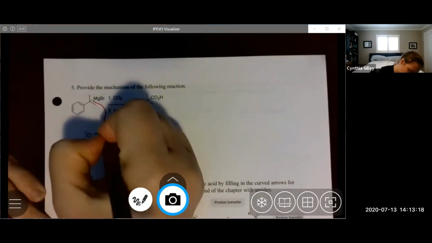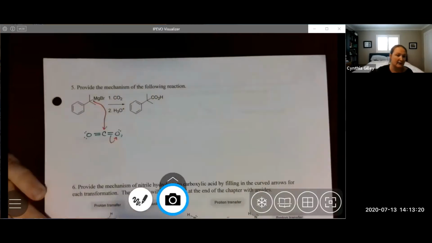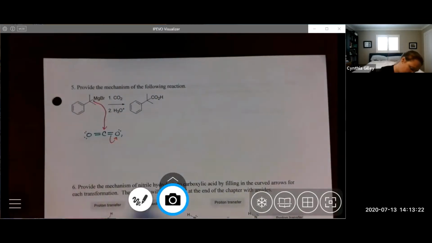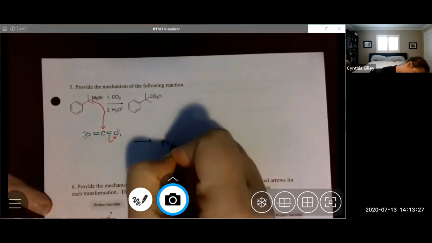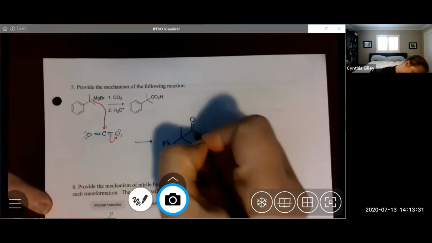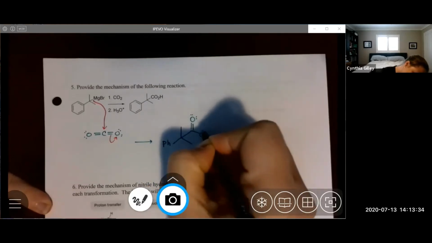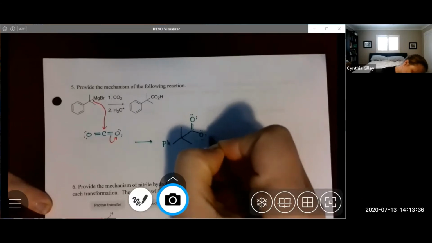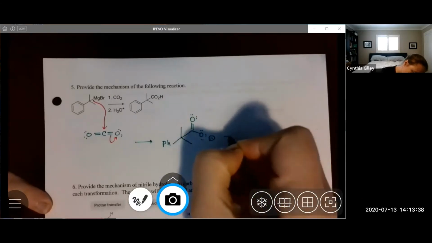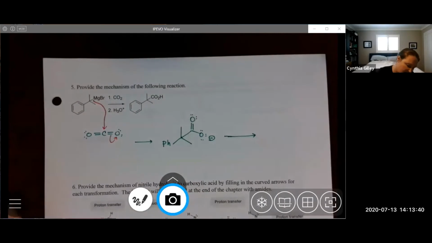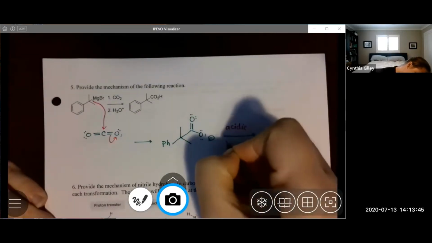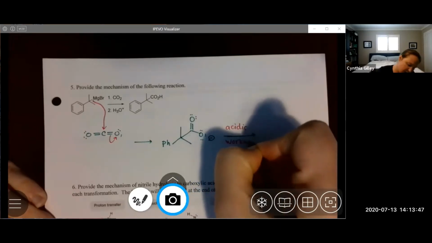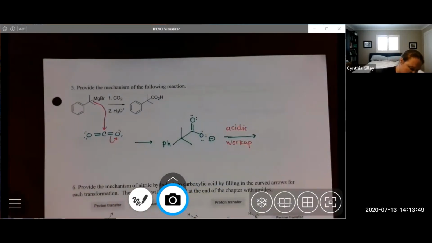So we can show the Grignard reagent attacking the electrophilic carbon, which would make the carboxylate. And we would need an acidic workup to provide the proton to get to the product.